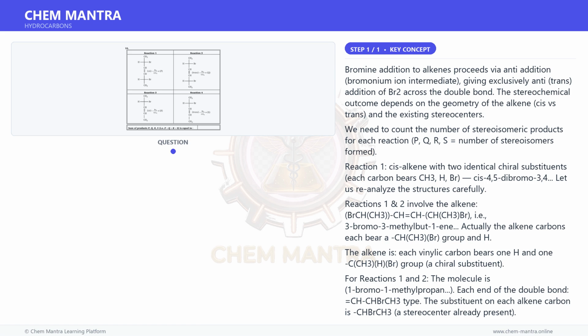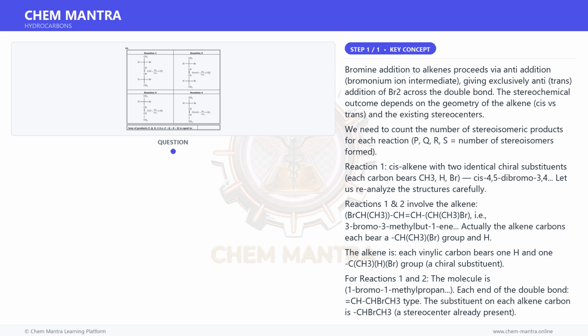Standard JEE-level answer: for a symmetric cis alkene plus Br2, anti-addition gives a meso compound, 1 stereoisomer. For a symmetric trans alkene plus Br2, anti-addition gives a DL pair, 2 stereoisomers. For the asymmetric alkene, both cis and trans give two diastereomers, 2 each. So P is equal to 1, Q is equal to 2, R is equal to 2, S is equal to 2, sum is equal to 7.